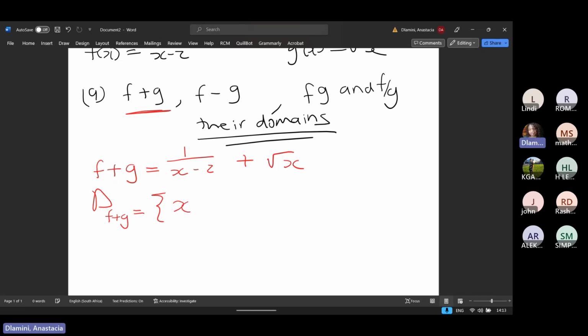So it's x such that x is not equal to 2 and x should be greater or equal to 0. That's what we are saying. Yes, that is what I'm saying.